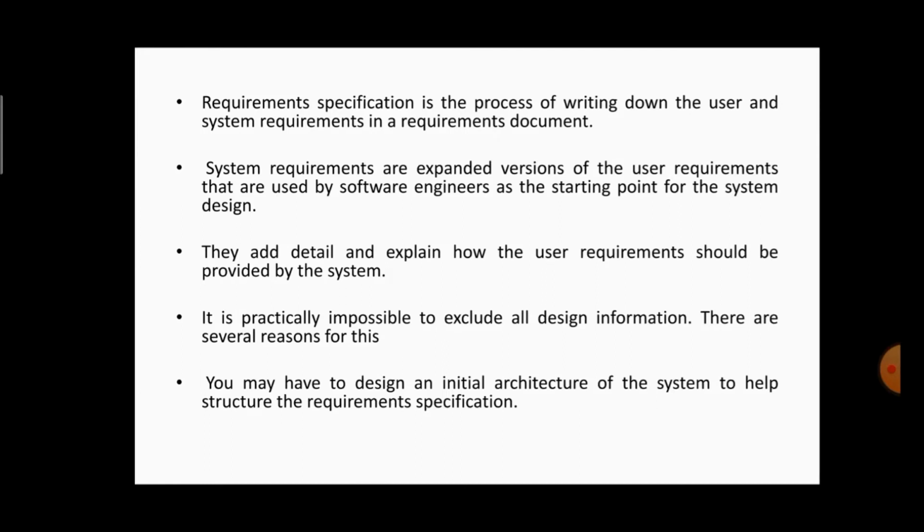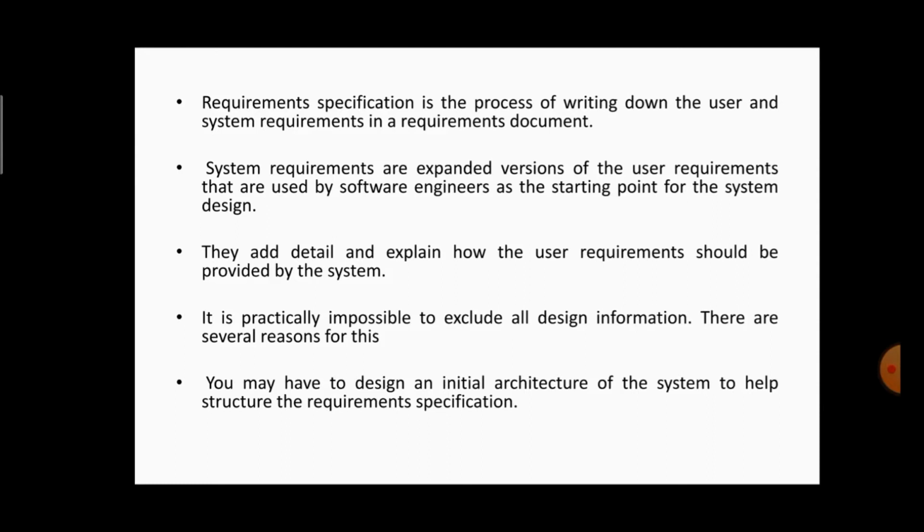So let me begin the explanation, some additional explanation related to requirement specification. As you all know, requirement specification is a process of writing down the user and system requirements in a requirement document. In simple words, I am going to include all the user requirements and all the system requirements in a file or a document.